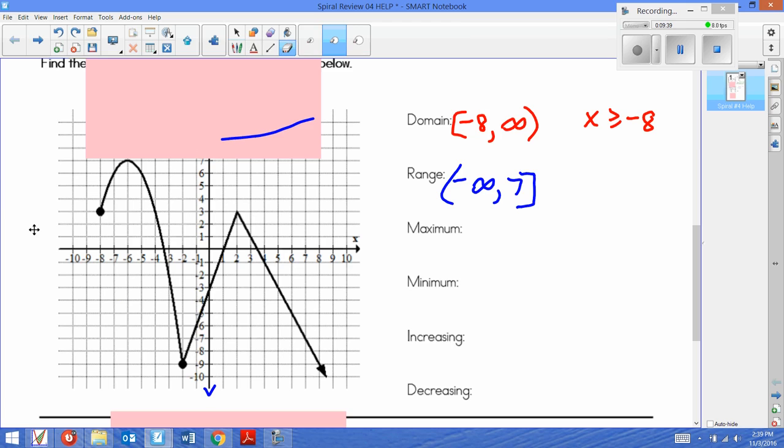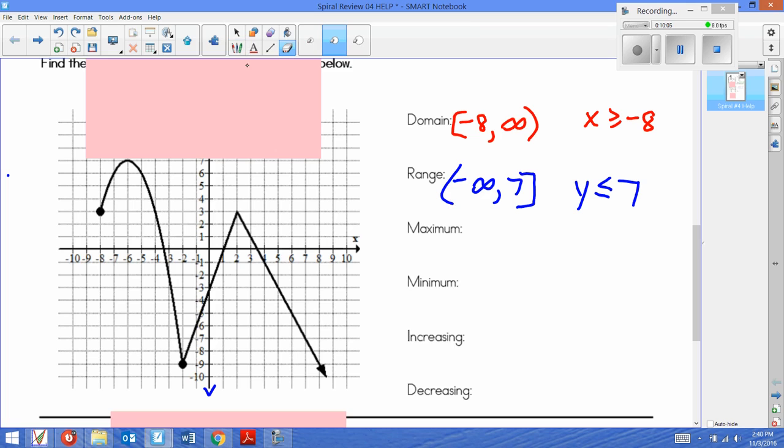So that just means that my y values are from 7 and not above anymore, so less than or equal to what value? 7. So y is less than or equal to 7.